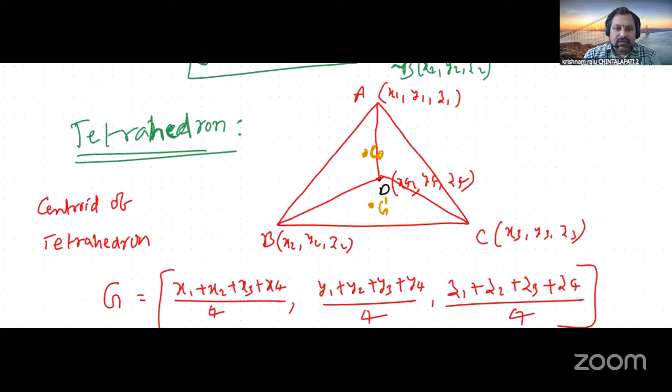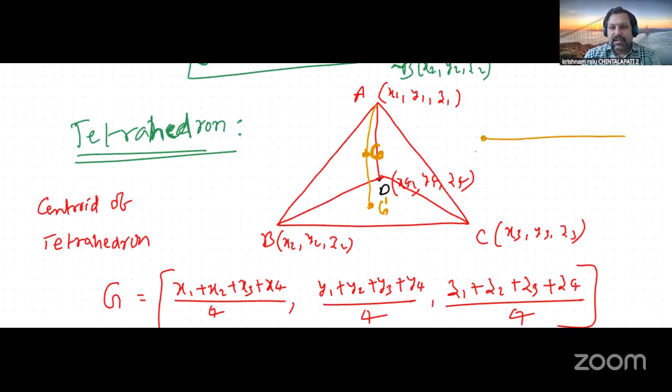Now, if you draw a line joining vertex A to this centroid, then this G is nothing but the centroid of the tetrahedron, right? This centroid of the tetrahedron divides the line segment AG dash. I will show you separately. So this is vertex A. This is the centroid of the tetrahedron.